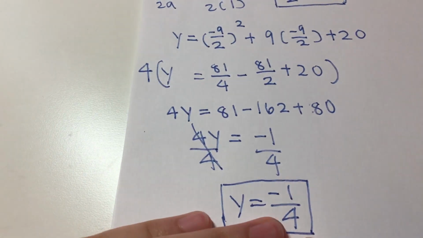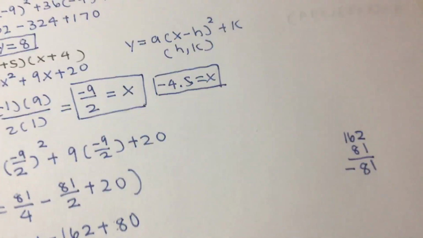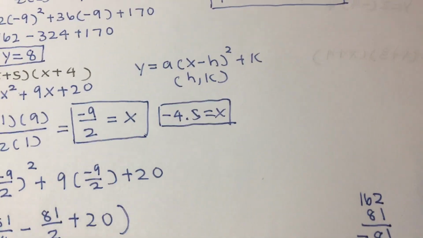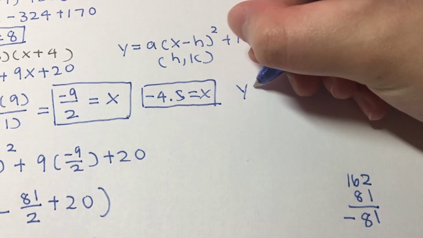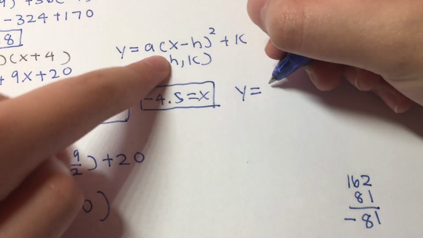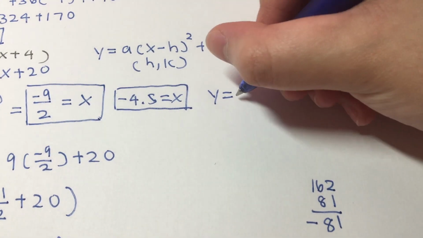Okay, so now we just have to write our equation. I also did a little bit of math here since I don't want to do it in my head. And then let's do y equals a, which is 1 from this equation. We don't have to write it.